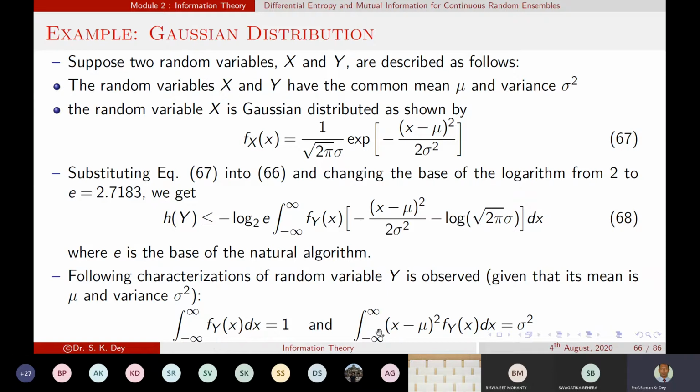Now if we see these two terms, the integration from minus infinity to infinity of f y of x dx is equal to 1. And there is another term, integration of f y of x into x minus mu square dx, which is equal to sigma square. So now this sigma square and that sigma square will cancel each other. Yes or no?